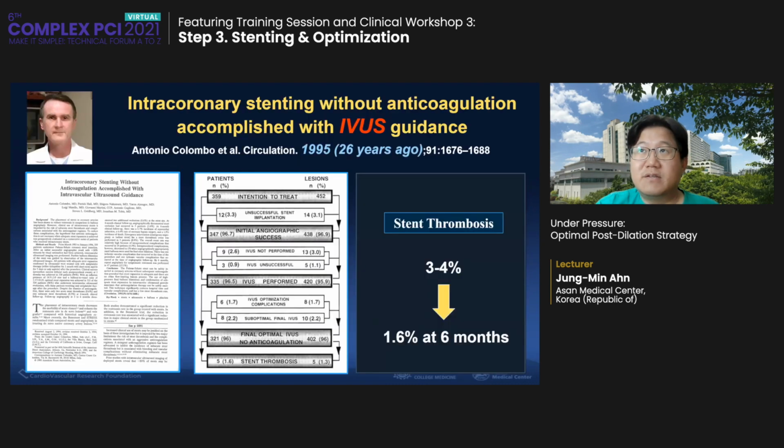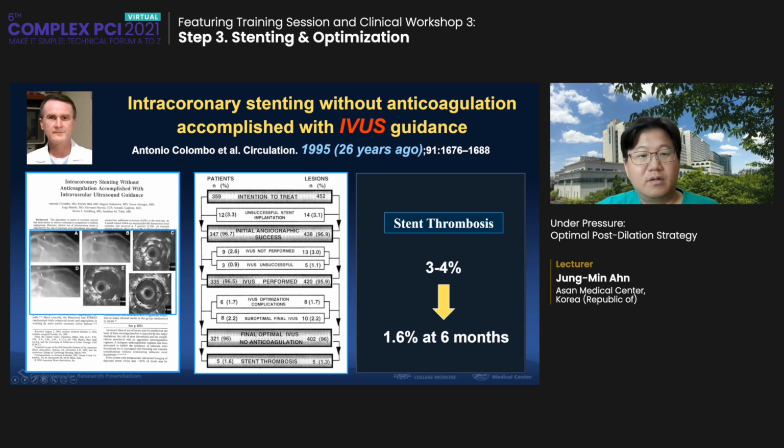So why is post-dilatation itself important? Antonio Colombo nicely demonstrated that 26 years ago. After stent implantation, there was some malapposition on the expanded stent.